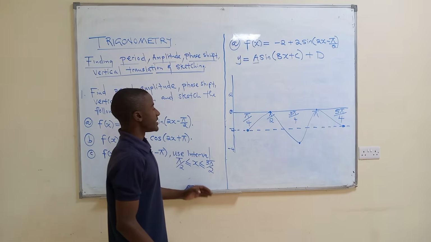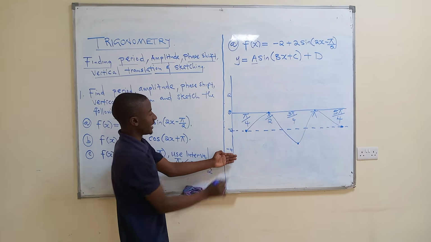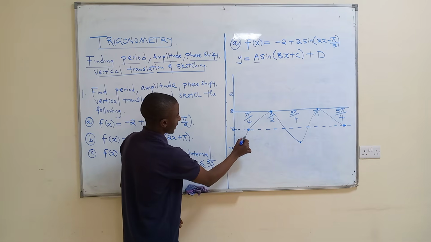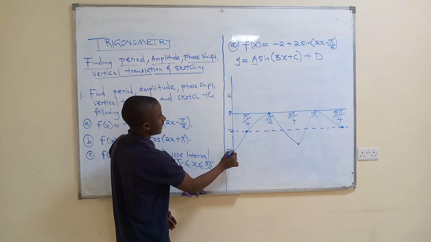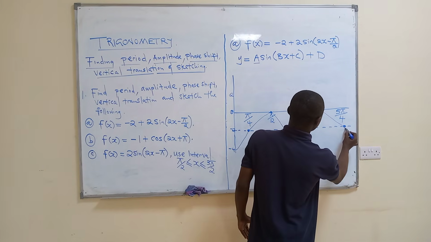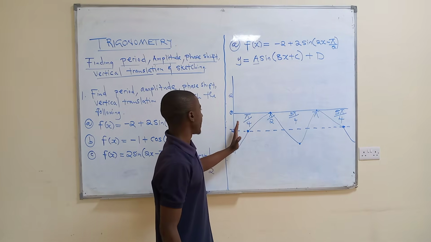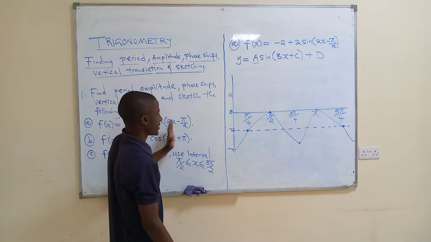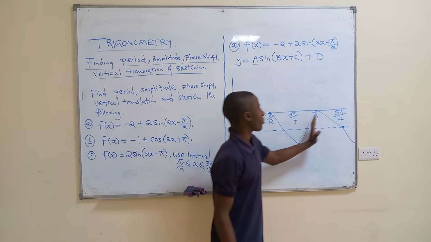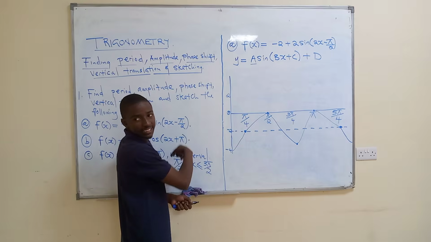So now, since the lower limit is negative 4, I can extend my graph like this. Even here, I can extend like that. These values, they can continue going to the negatives, also going to the what? Positive. Meaning, the graph can continue going like that.